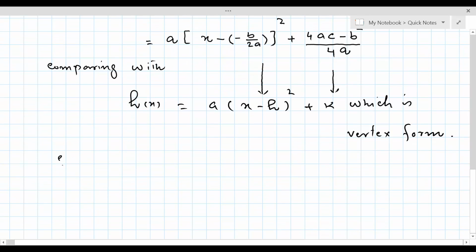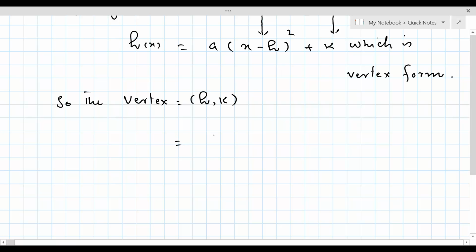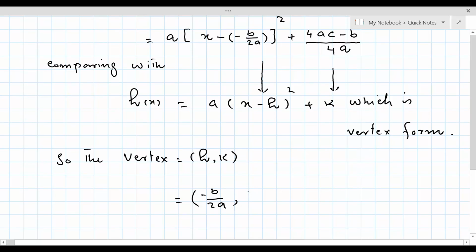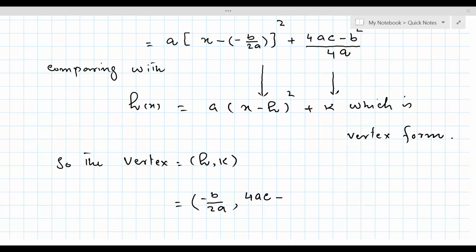So the vertex (h, k) is the same as (minus b over 2a, and instead of k what we have is 4ac minus b square over 4a).